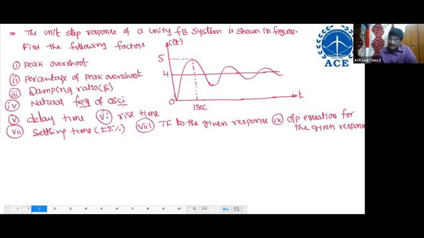Come on, solve it. MP is 1. Percentage of MP is 25%. Find zeta value.